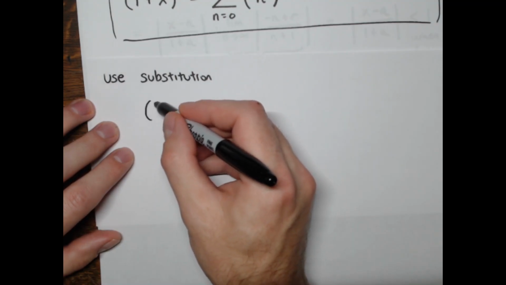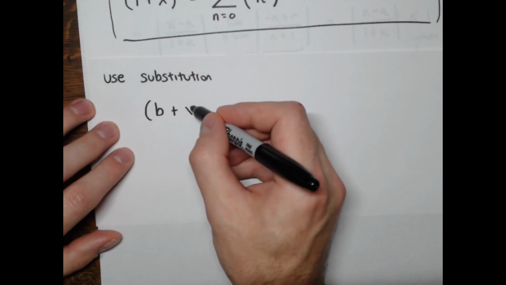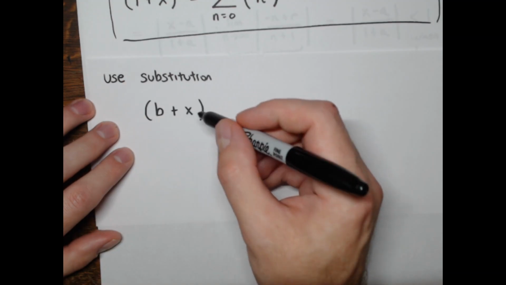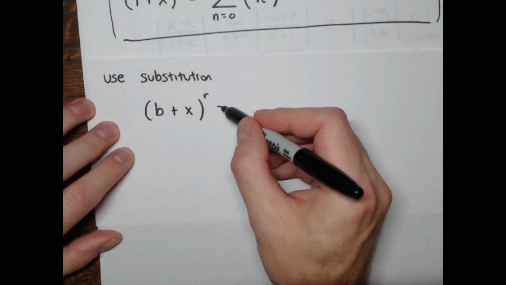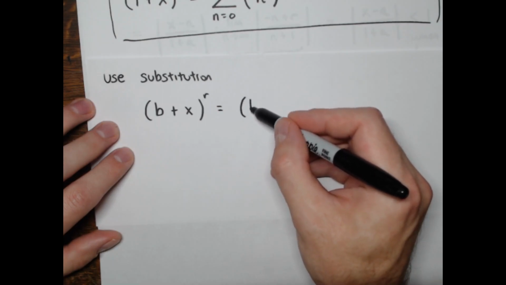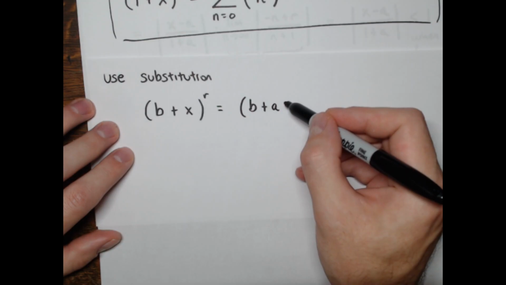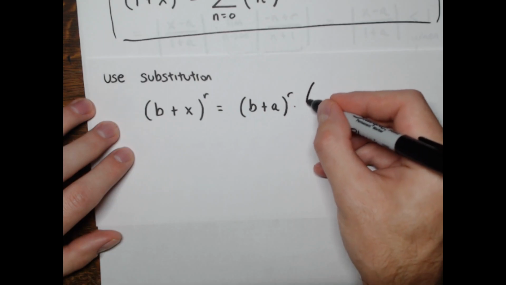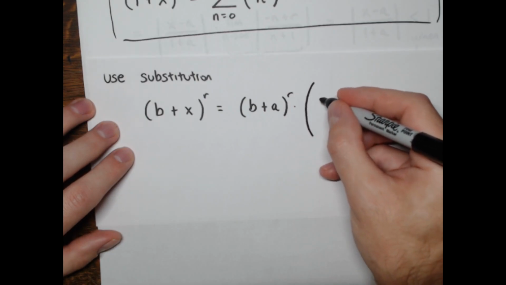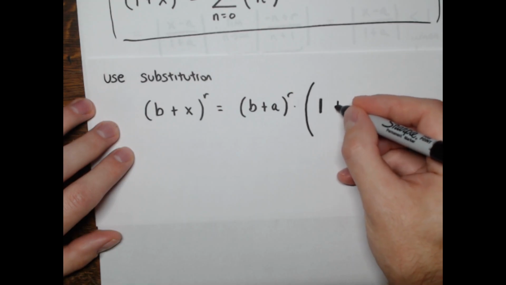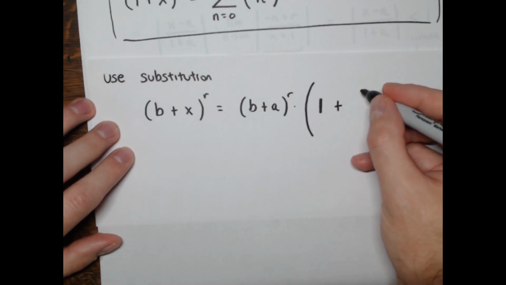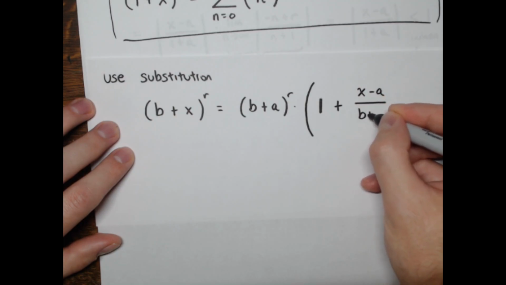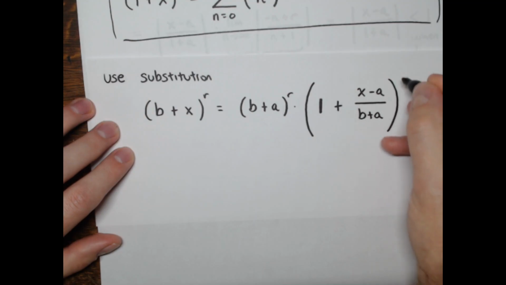They're saying b plus x, and this x could be any expression with a variable to the r is b plus a to the r times the quantity 1 plus x minus a over b plus a, to the r.